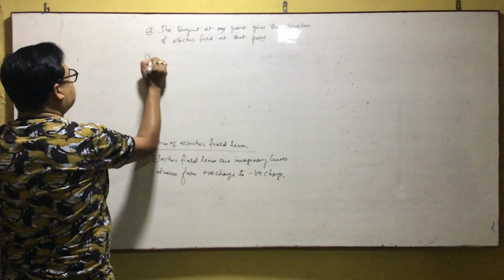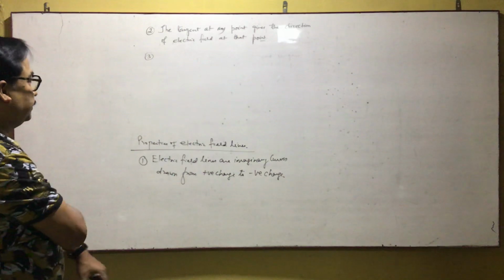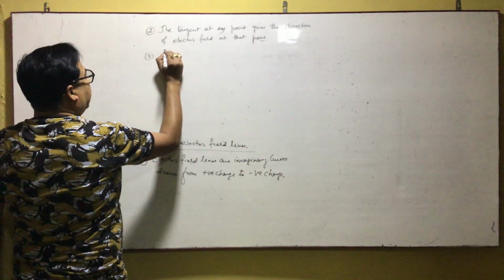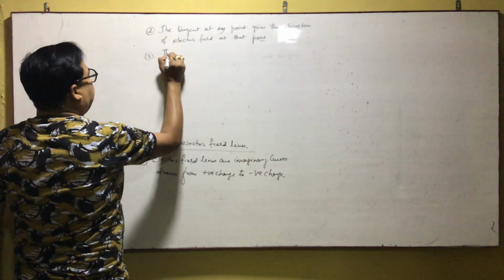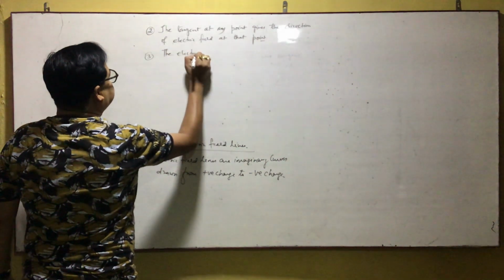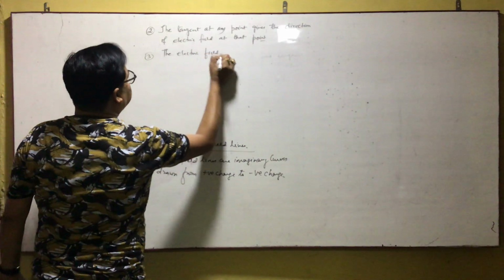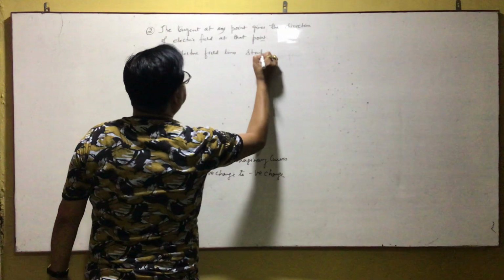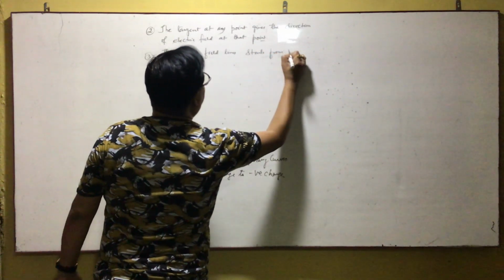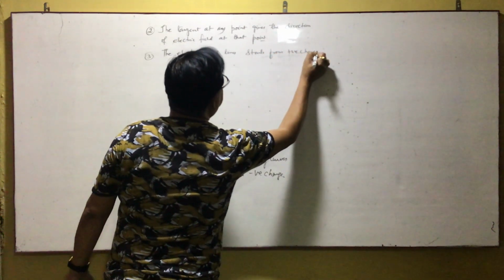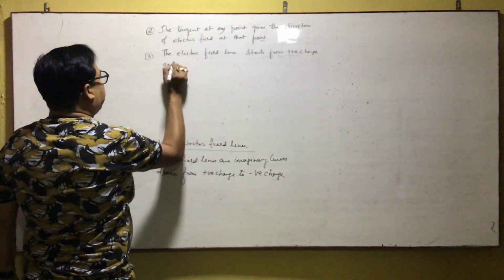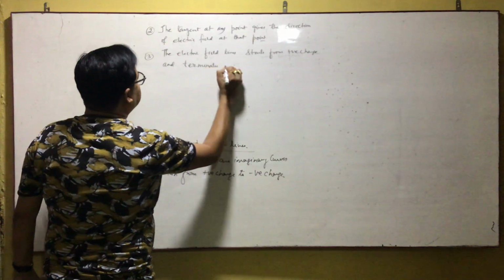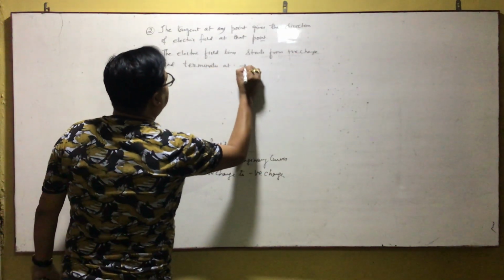The third property is the electric field lines start from positive charge and terminate at negative charge.